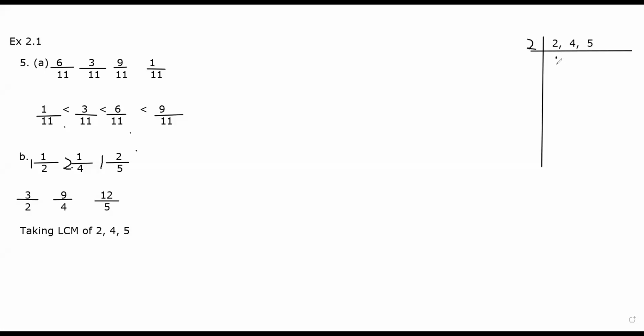2 ones are 2, 2 twos are 4. Next is 5. Next we have to divide by 2 again.